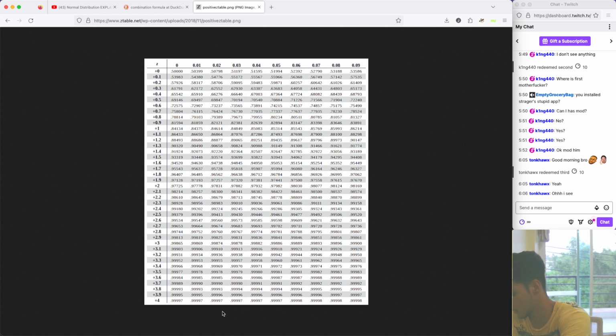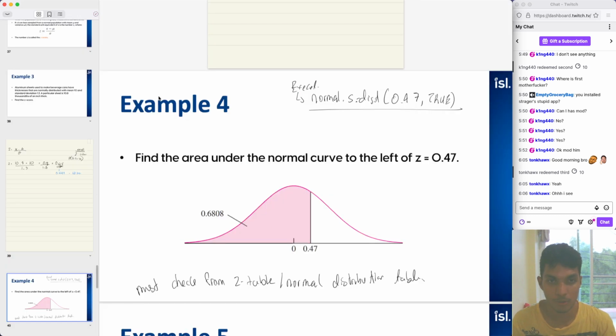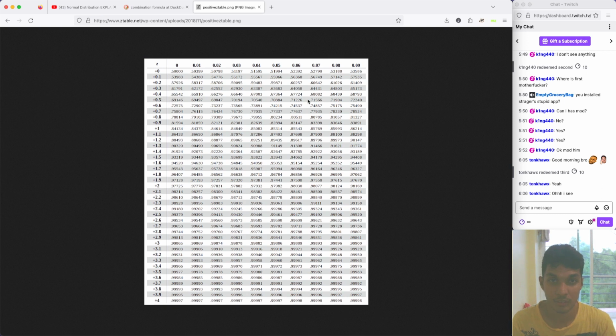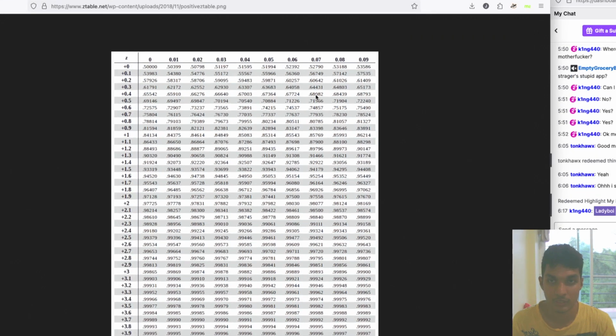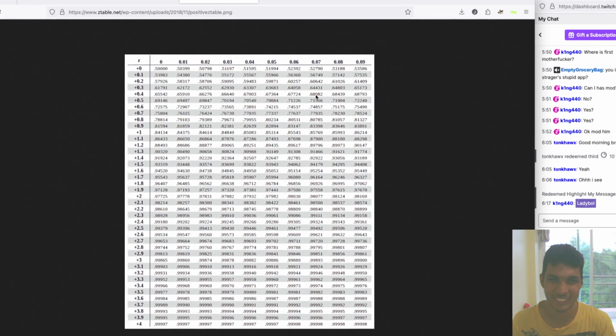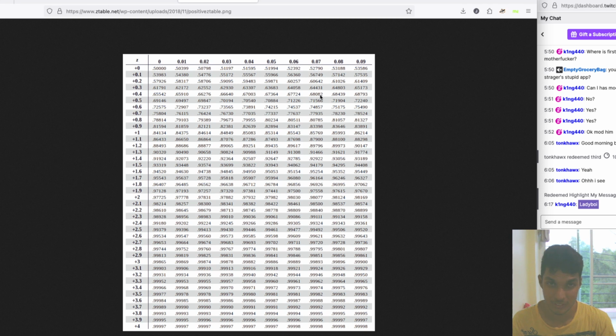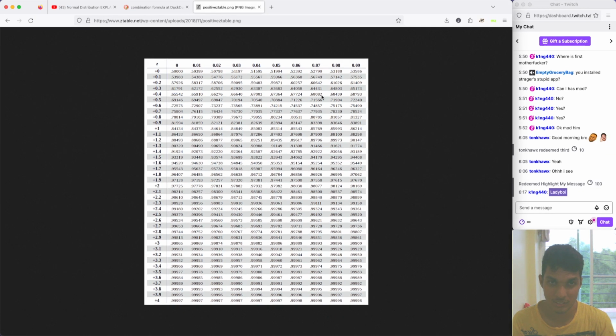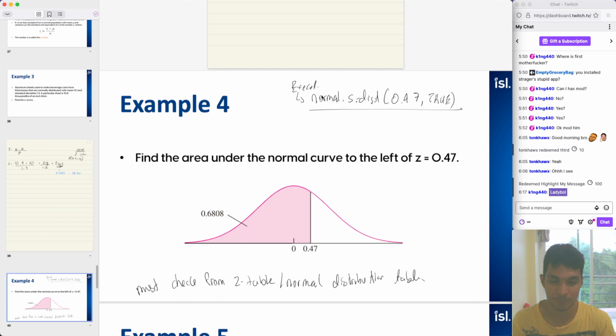Okay. 0.47. 0.47 is 0.680. Yep, on the left, cool.